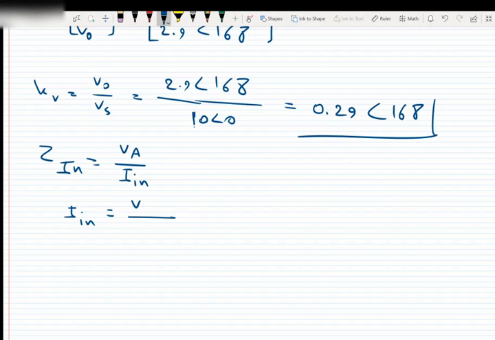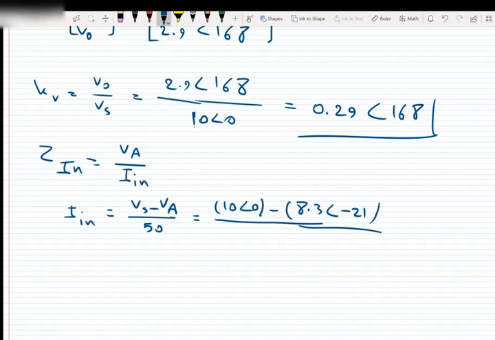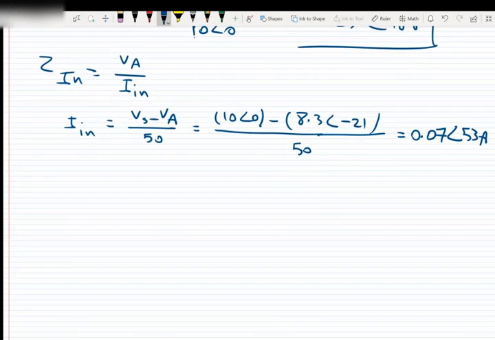As I explained, I in is Vs minus Va over 50, which is equal to 10 with the angle of 0 minus 8.3 with the angle of negative 21 over 50, which is equal to 0.07 with the angle of 53 amp. So we got I in.